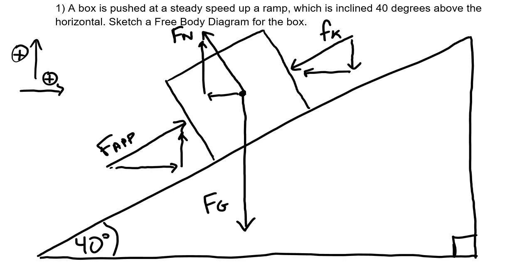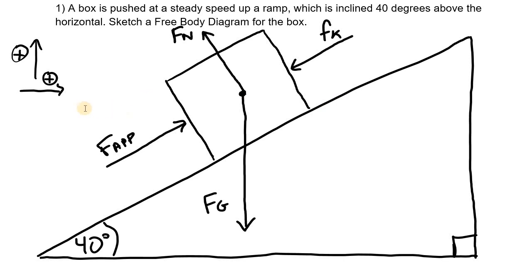Is this the most efficient way to go about doing this problem? There are so many different vectors that we would have to do a lot of trigonometry and break down into component vectors. That sounds like a pain in the neck. So what's the reason we had to do all of that?